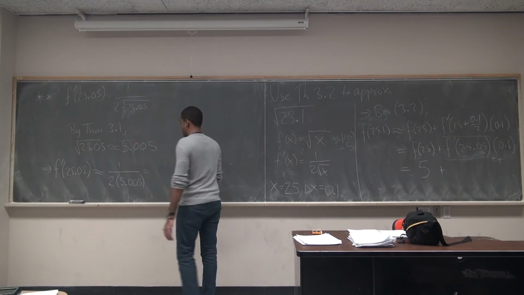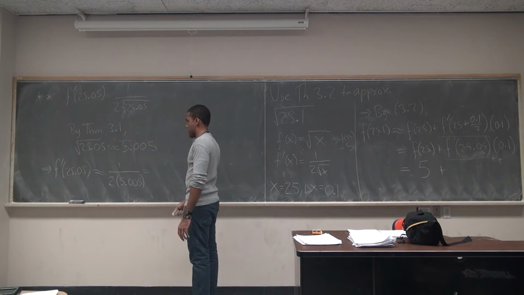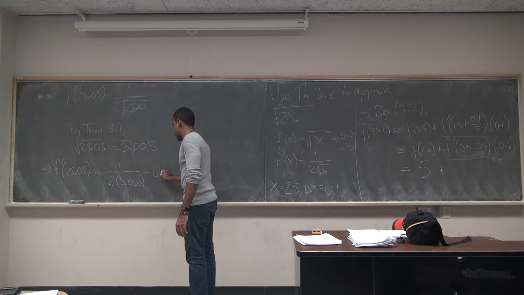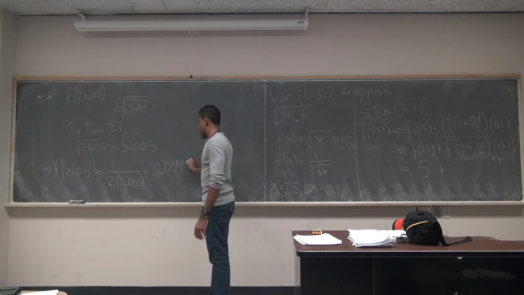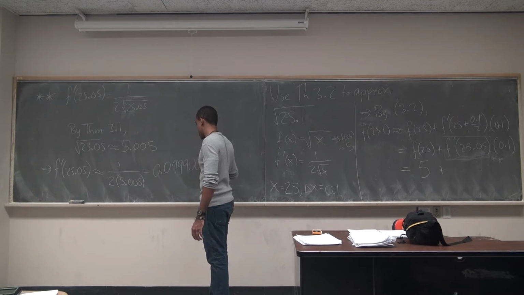And what's that? 0.0999. And then 3 zeros?